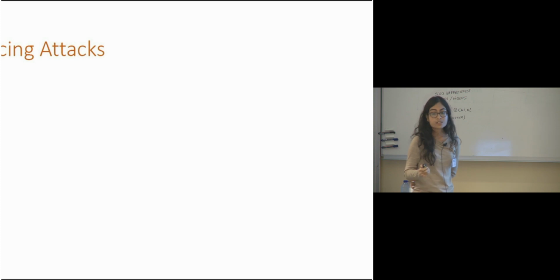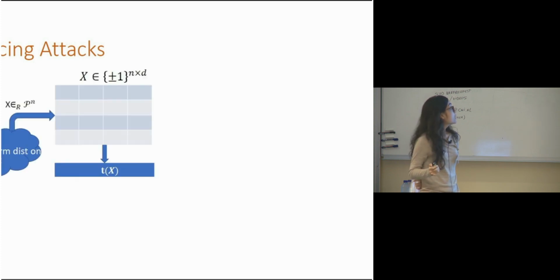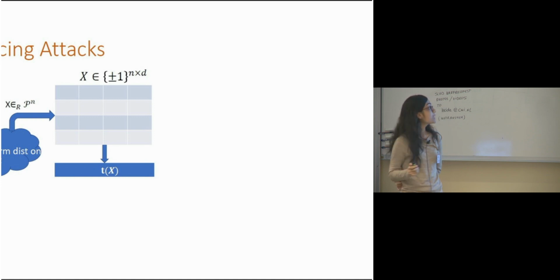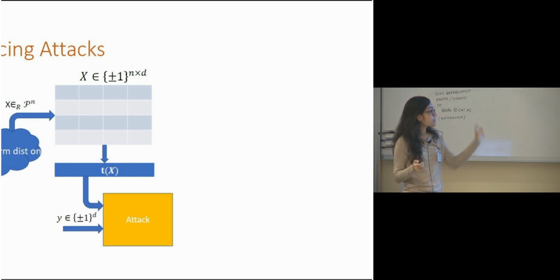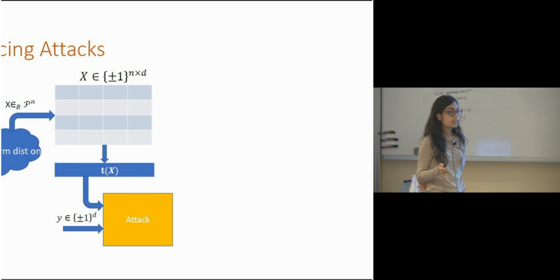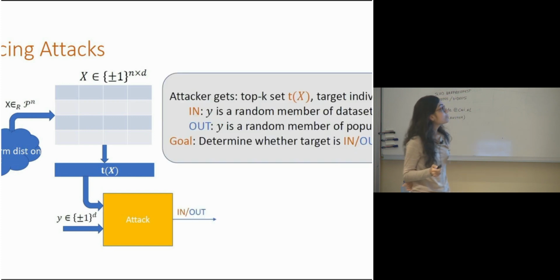Our main technique is tracing attacks. You have a population which is the uniform distribution on plus-minus 1 to the d, and X is a uniformly random data set from this population. An attack takes the top-k set T of X and a target individual Y, and outputs whether Y is inside the data set or outside it.